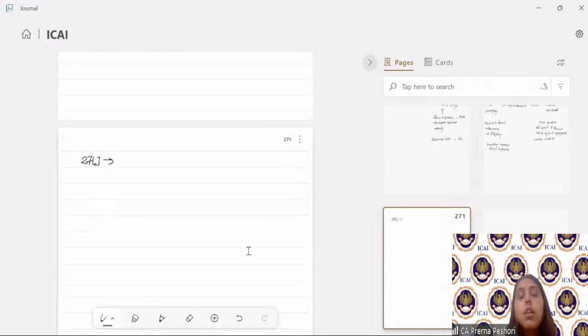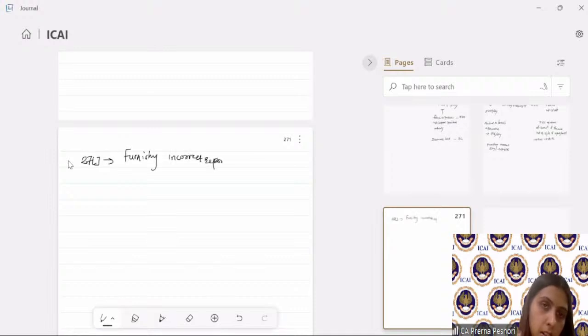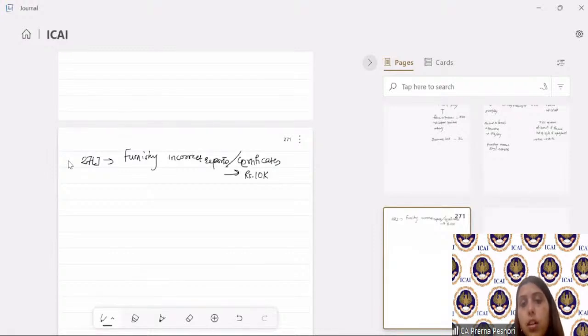The accountant, merchant bankers, or the registered valuers, if they are furnishing incorrect reports, so chartered accountants, if they are furnishing incorrect information in reports or incorrect certificates, then 10,000 is the penalty for each certificate or for each report.